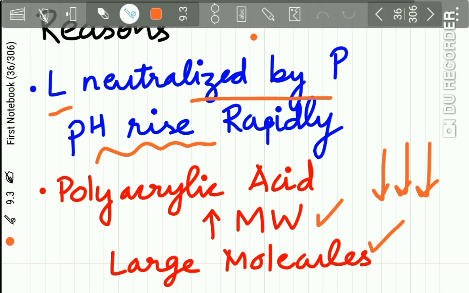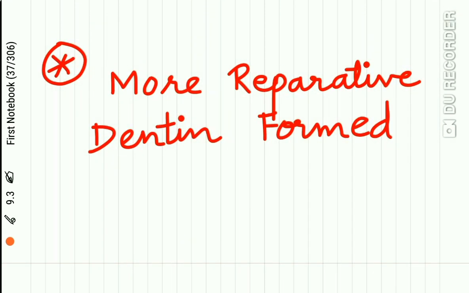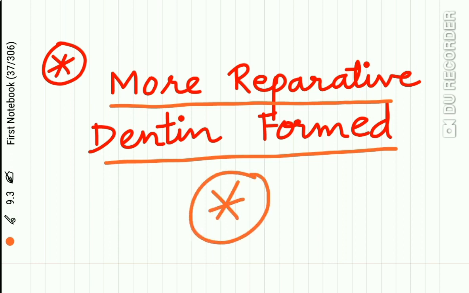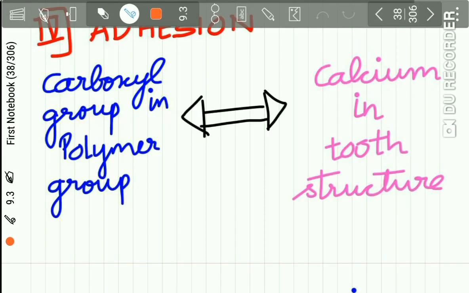So less irritation occurs in the pulp. Also, the histological reaction of the polycarboxylate cement is similar to zinc oxide eugenol cement, but there is more reparative dentine formation. Keep it in mind, in polycarboxylate cement there is more reparative dentine formation in the tooth.